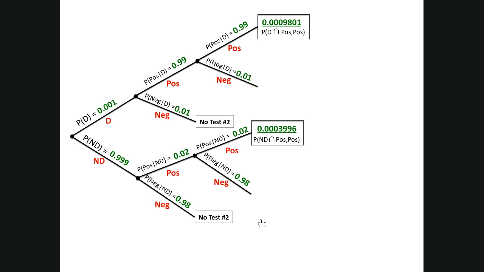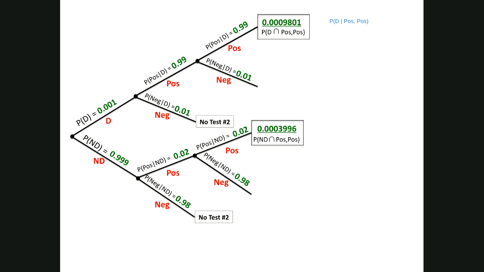So we want to know, first of all, let me type this out. The question is, what's the probability that the person has the disease given that there's a positive test followed by a positive test, which we don't know. That's something that we don't know.